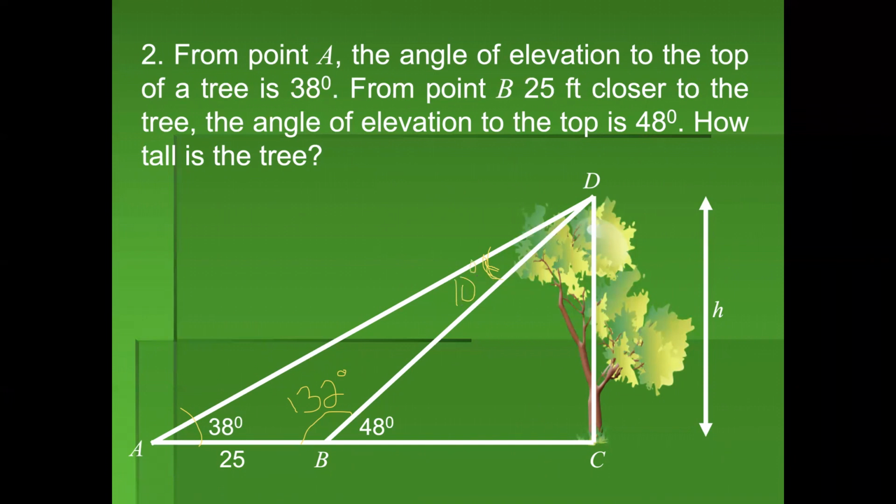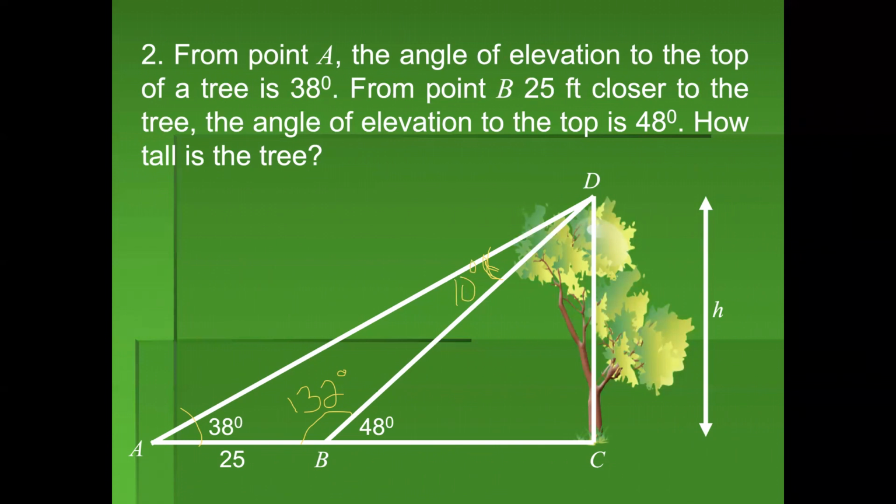So after we find the values of the angles, we can now solve for the missing side. To do that, we need to solve for the hypotenuse of the right triangle.